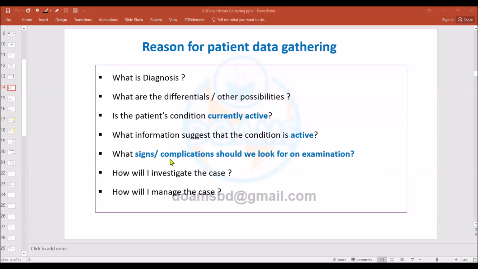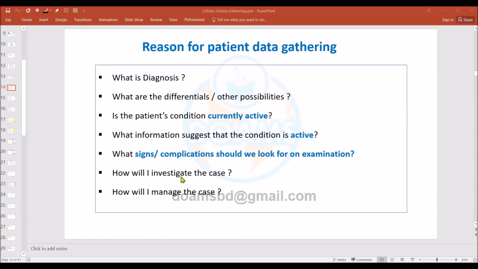Next, after taking the history, we identify the signs and complications by examination. Today's performance will not be on examination, but even from the history we can identify the complications, and you will easily understand. How will you investigate the case and how will you manage the case?